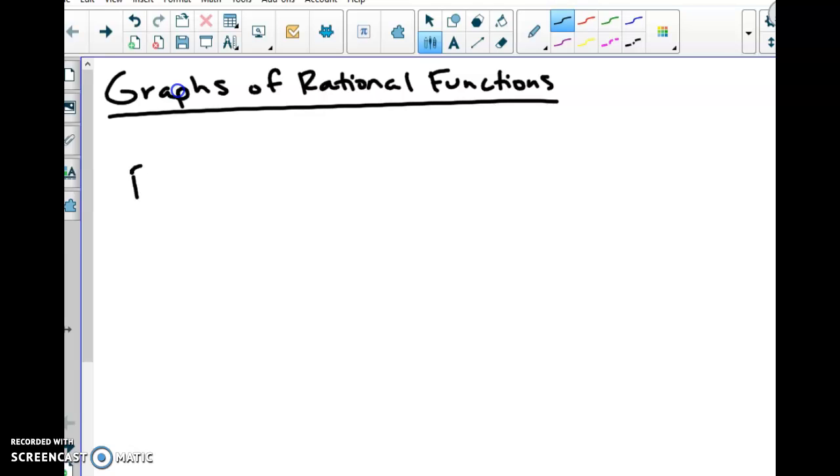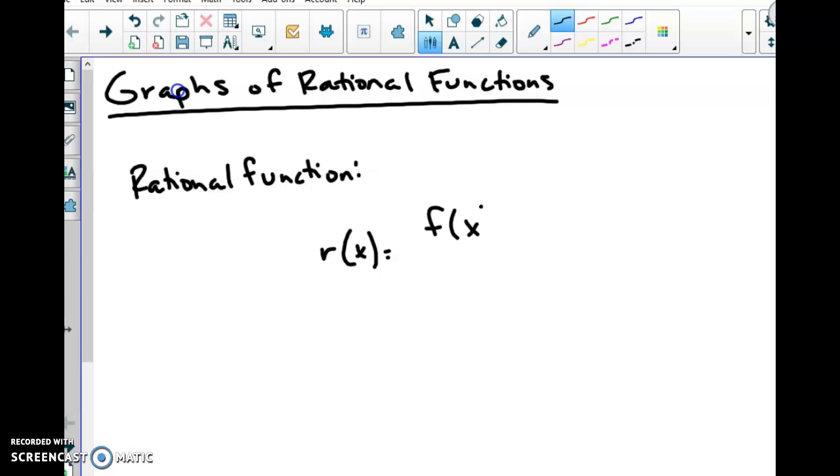So we're looking specifically at a graph in the form of f of x divided by g of x.